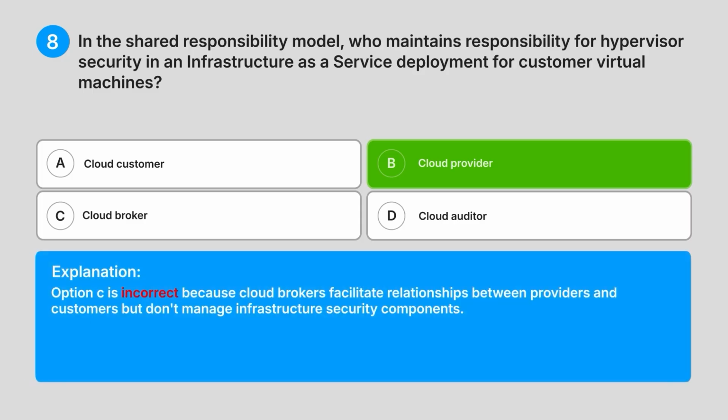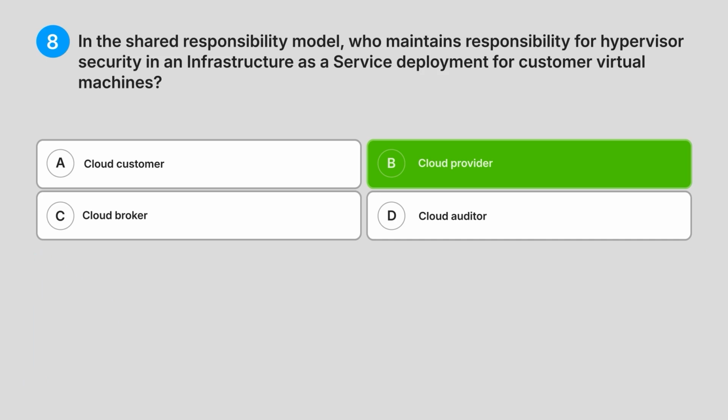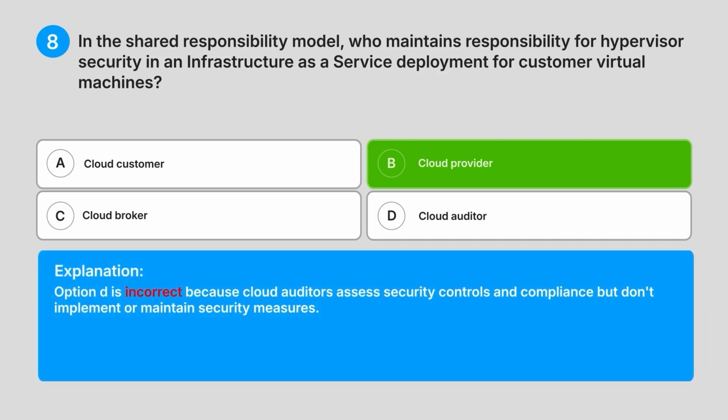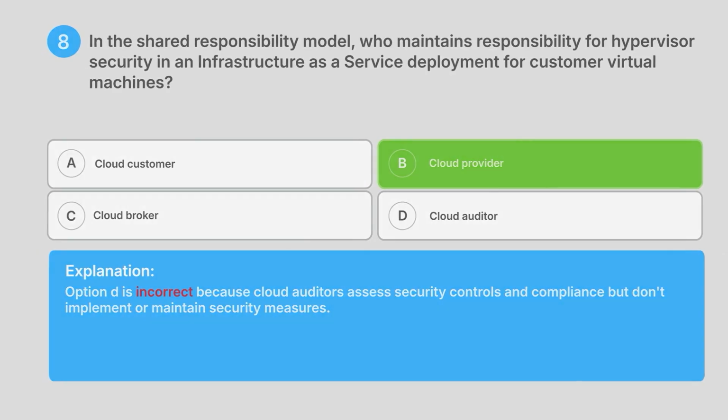Option C is incorrect because cloud brokers facilitate relationships between providers and customers, but don't manage infrastructure security components. Option D is incorrect because cloud auditors assess security controls and compliance, but don't implement or maintain security measures.